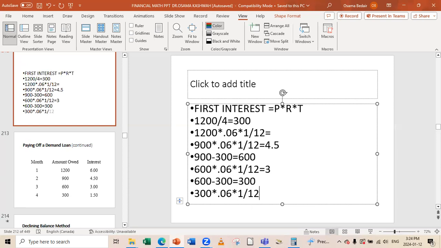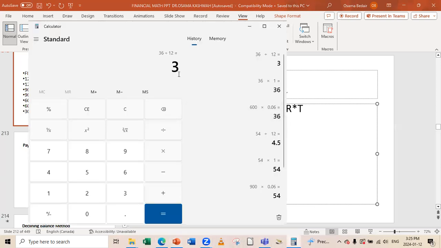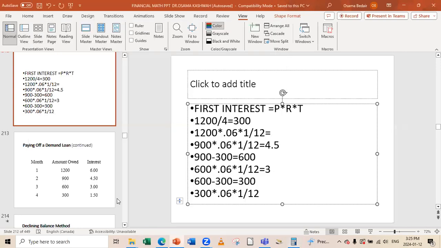Why 1? Because it's based on 1 month. So let's go for the calculations. 300 multiply by 0.06 multiply by 1 divided by 12, that will give me $1.50. Here it is, the $1.50 in front of you.